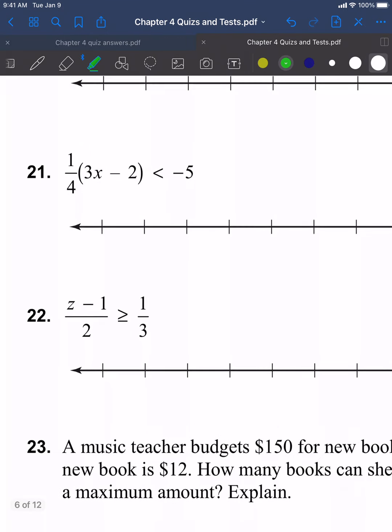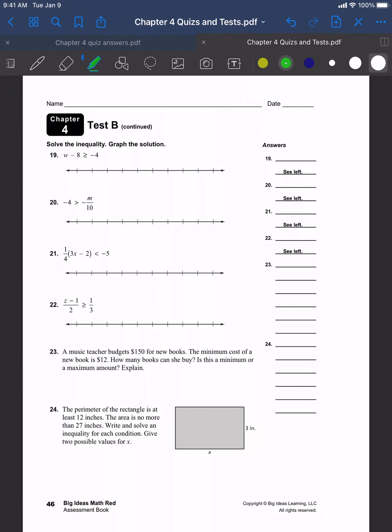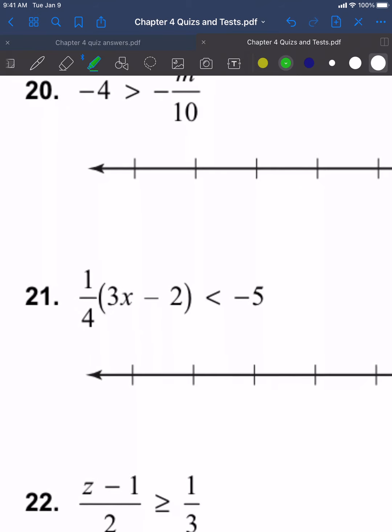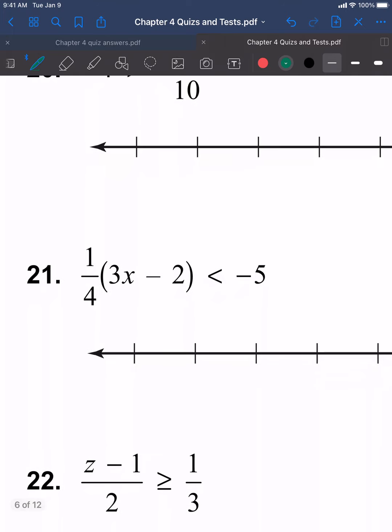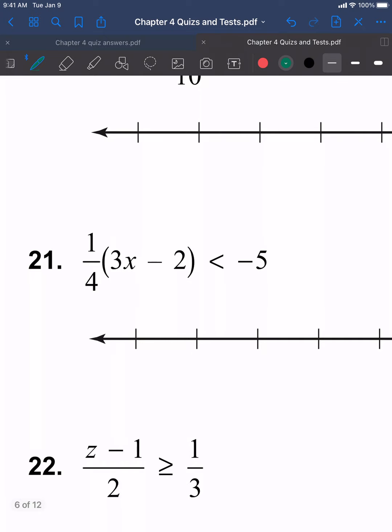Okay, 21 and 22. The question says solve the inequality and then graph it. Okay, so first I need to get x all by itself. If you were looking at this on your test, what's the first thing you should do? Subtract 2. Distribute!